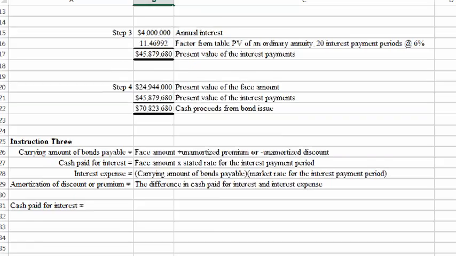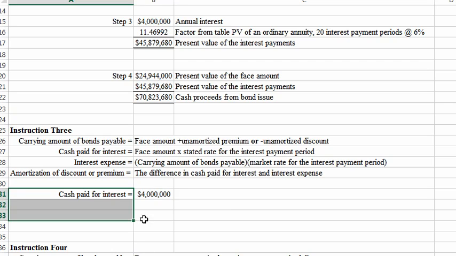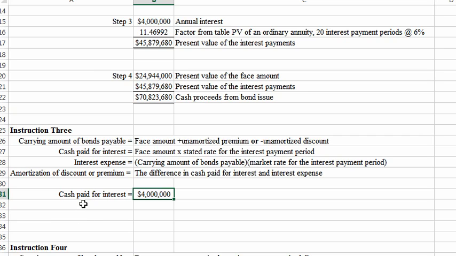So that's how much cash they're going to have to pay out. But it's equal to $80 million times half of the stated rate. The stated rate's 10%. Half that would be 5%. So that $4 million will be our credit to cash when we go back to the journal entry.